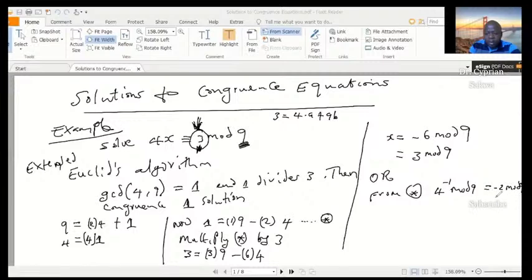Of course, these are remainders, so we can write it as positive. Negative 2 is the same as 7 mod 9. So that is the inverse.